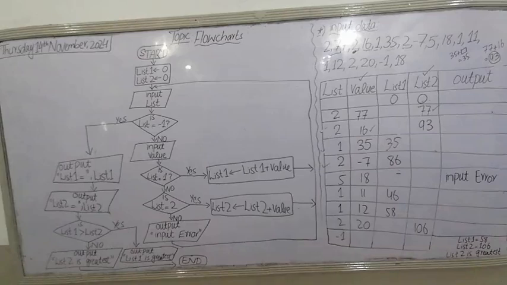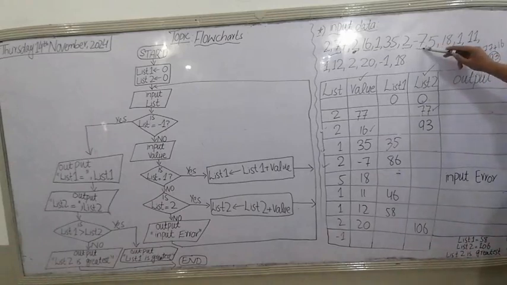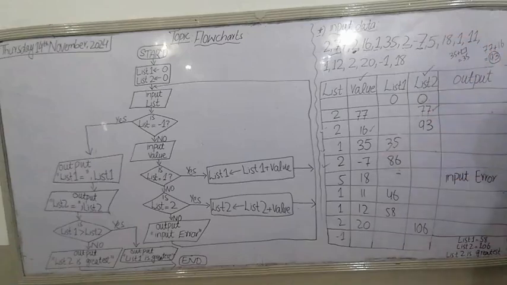We will check the condition: is list equal to -1? No, the value in the variable list is 2. We'll move forward and we have input value. It means we have to input another value from the given values. So it's the turn of -7. So you can see we have -7 here.